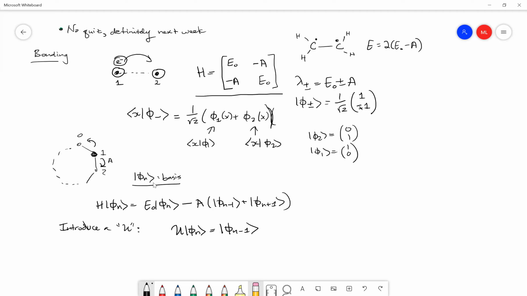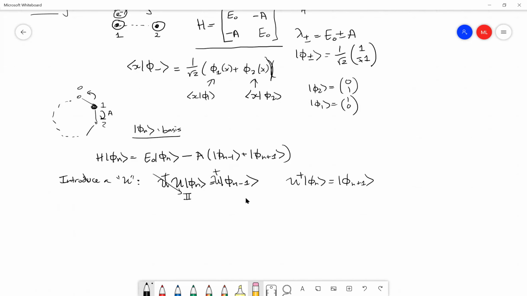And in particular, if we take the U dagger on both sides, then we see that this is just going to be the identity. And see that U dagger then must take us in the other direction. If we take U dagger and act with it on this guy, then it'll just increment the vector.